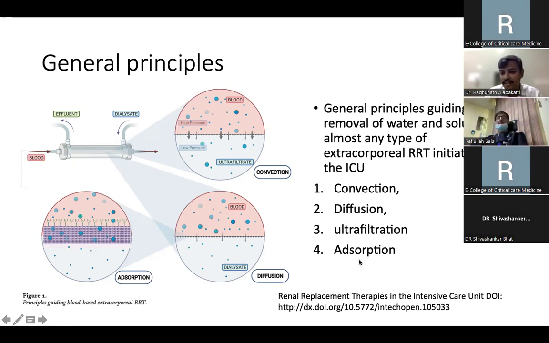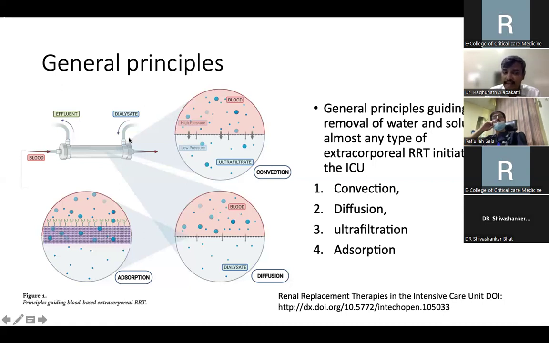These four basic principles are involved in renal replacement therapy. If you see here, this is a hemofilter or hemodialyzer, which consists of a semi-permeable membrane. Blood traverses in one direction and dialysate traverses in the opposite direction. That's how the circuit usually works.